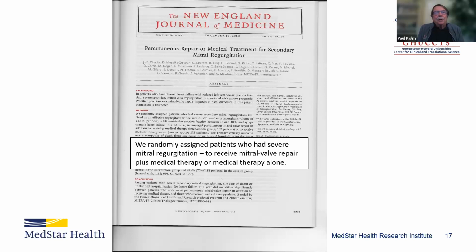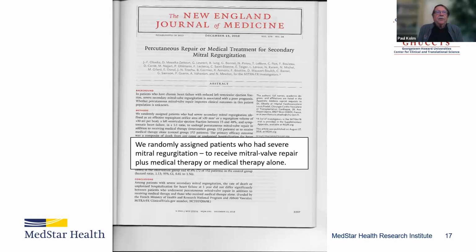And so this is a study that looks at repair of mitral regurgitation versus medical therapy. It's a randomized trial.